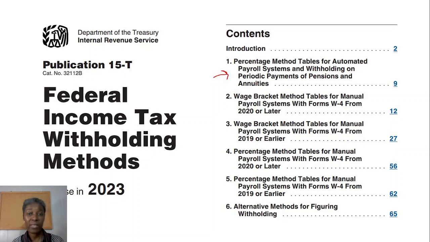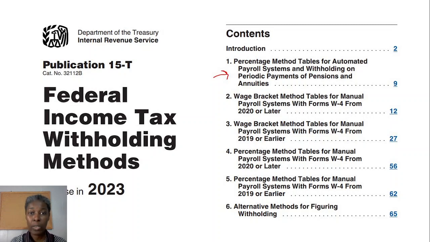You can estimate it by using Publication 15T, Federal Income Tax Withholding Methods. The first method is more for automated payroll systems. If you are using a manual payroll system, you have section 2 and section 4 that I would recommend.